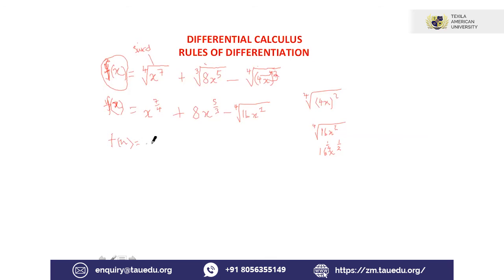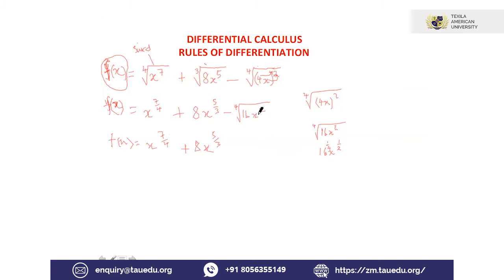Now we have f of x again is equal to x to the power 7 over 4, plus 8x to the power of 5 over 3. Now, the root here affects the 16 and affects the x to the power of 2. That is what I'm trying to tell you guys.